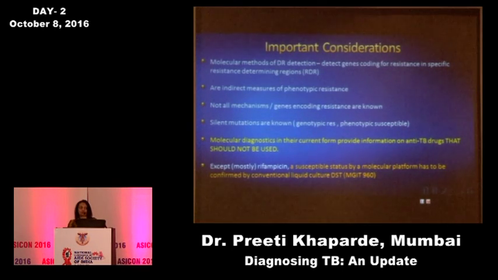As of now, we do not know all the mechanisms which bring about drug resistance, and we know of certain silent mutations, where we see mutations in the genetic region but phenotypically the drug is still useful. Therefore, we must remember that molecular diagnostics, in their current form, can only provide information about anti-TB drugs that should not be used. And except for rifampicin, a susceptible result by a molecular platform has to be confirmed by conventional liquid culture DST.